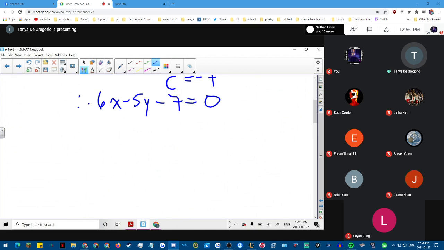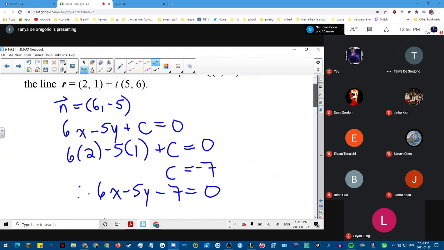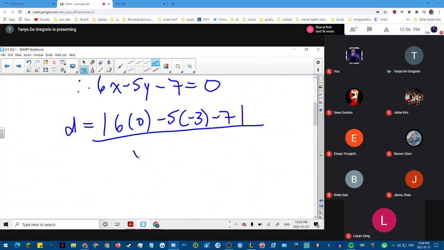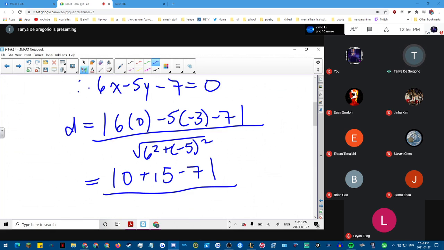And then from here, guys, just subbing into the formula. So 6, my point is 0, -3. So 0 plus 15 minus 7 all over 36 plus 25.